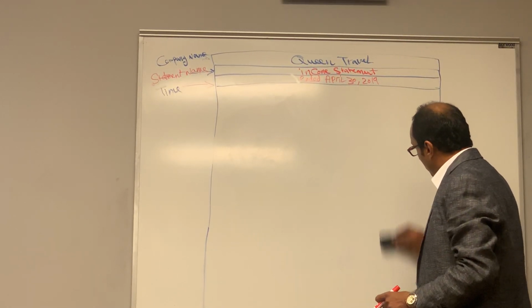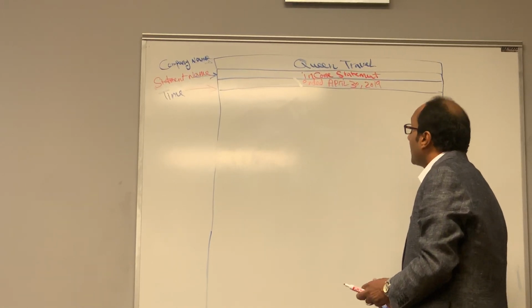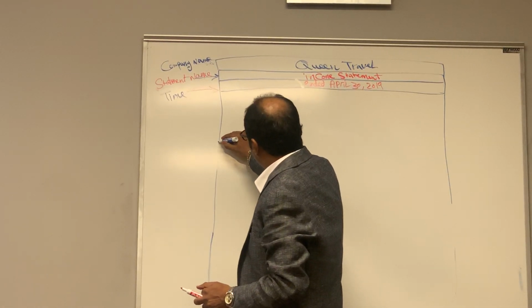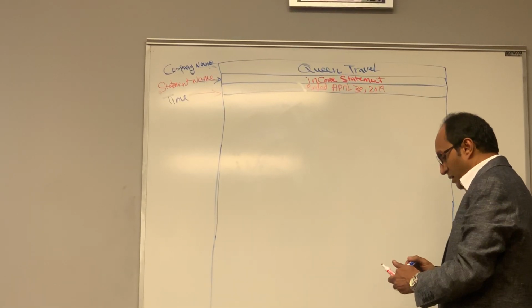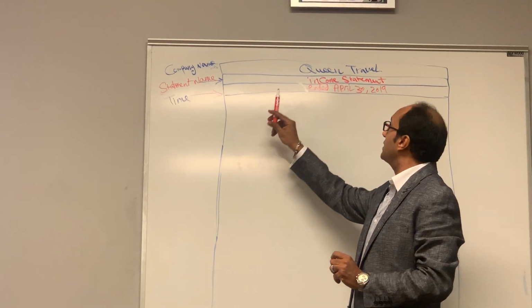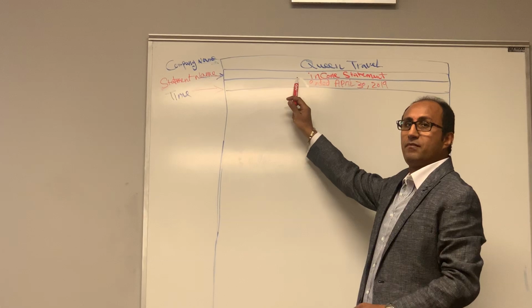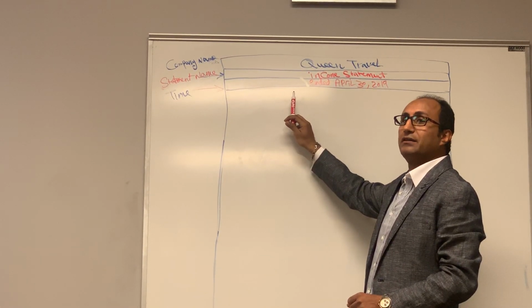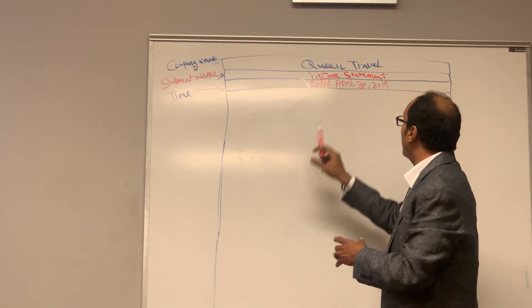Who is ready for the second one? You just will change the name. So every statement starts with the company name, statement name, and the time: what year, what month.